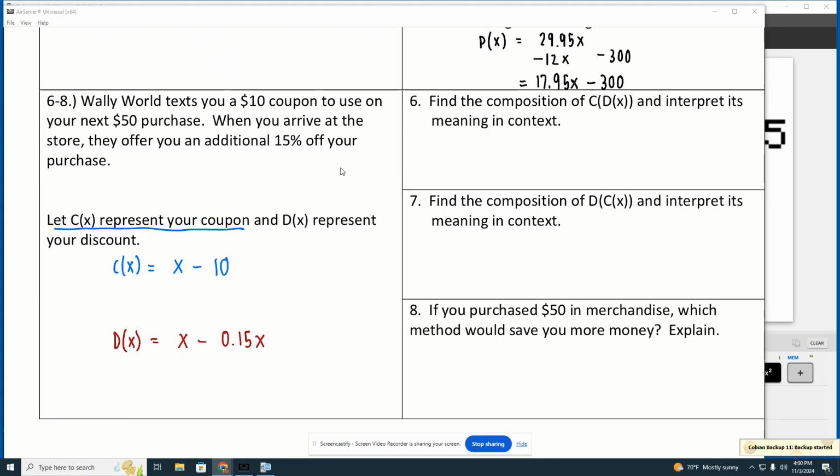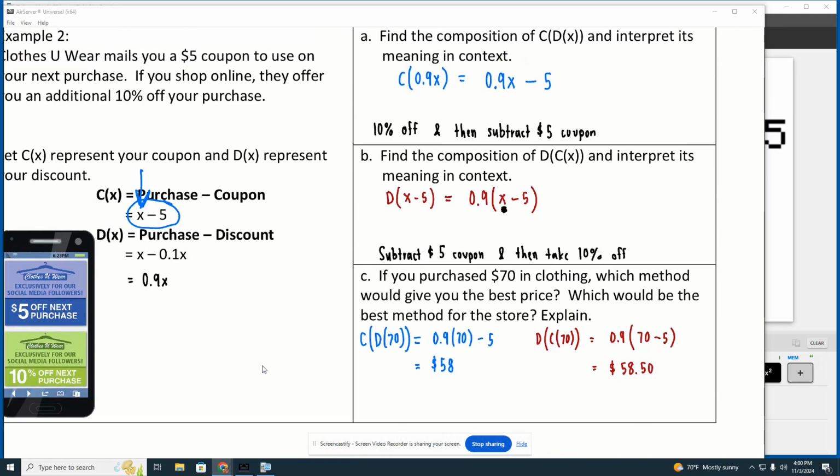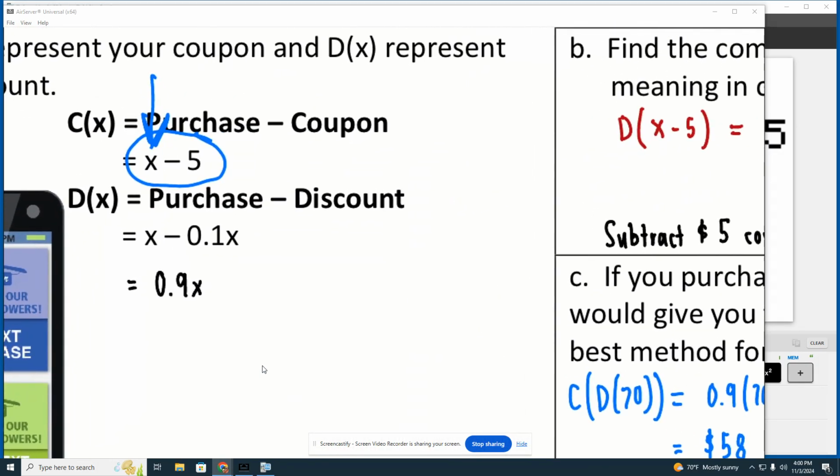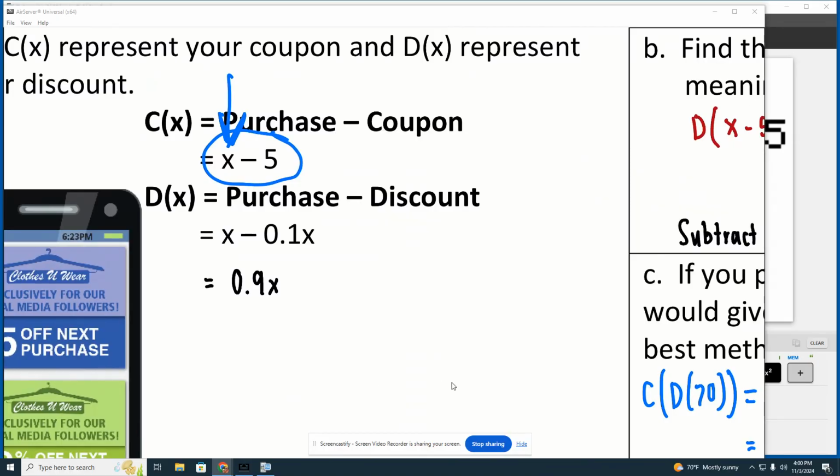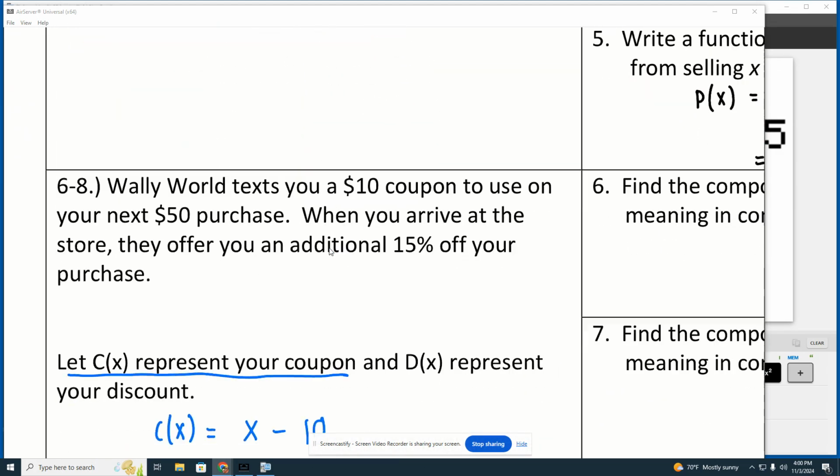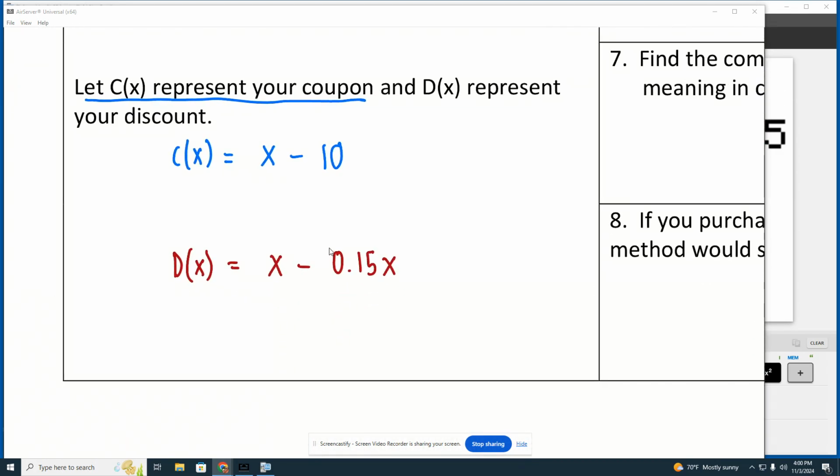Now, if I took this and simplified it, like we did the homework, if you recall, we had the same thing. It was 100% of X minus 10%. So they moved that decimal 2 to the left and it was 0.1x. Well, we're doing the same thing here except it's 15% of X. So 1x minus 0.15x is 0.85x.